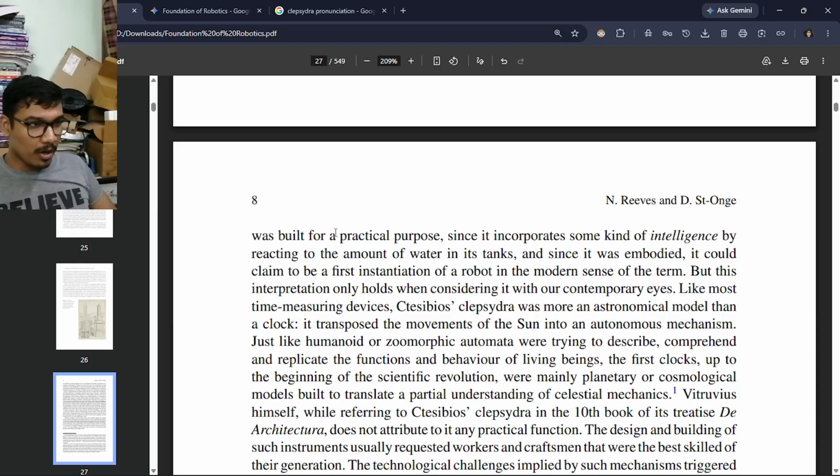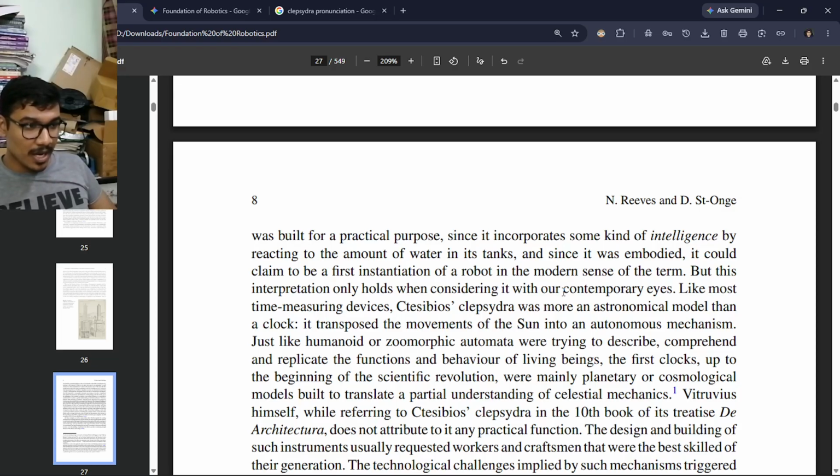It was built for a practical purpose since it incorporates some kind of intelligence by reacting to the amount of water in its tank, and since it was embodied, it could claim to be the first instantiation of a robot in the modern sense of the term, but this interpretation only holds when considering it with our contemporary eyes.